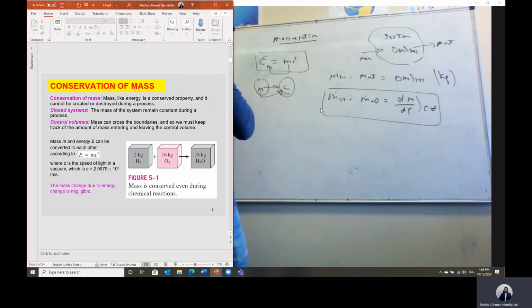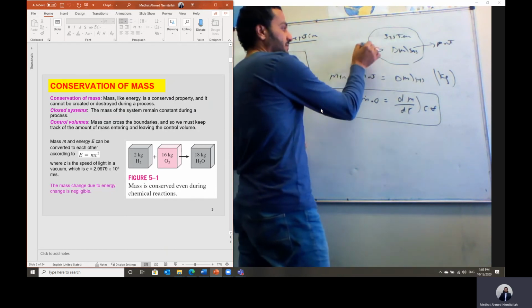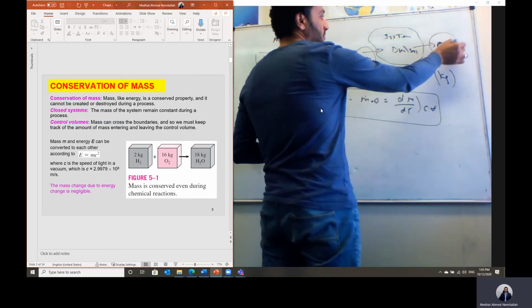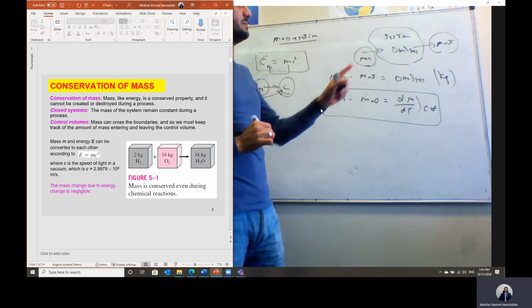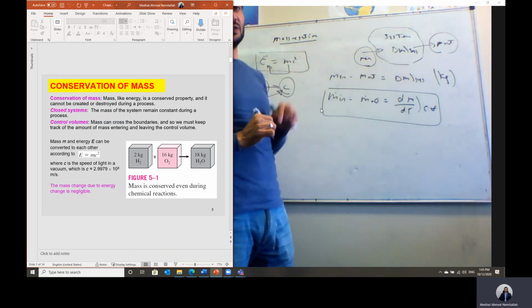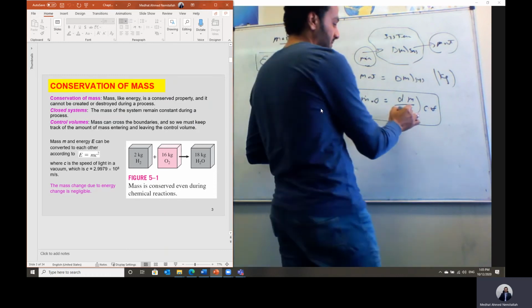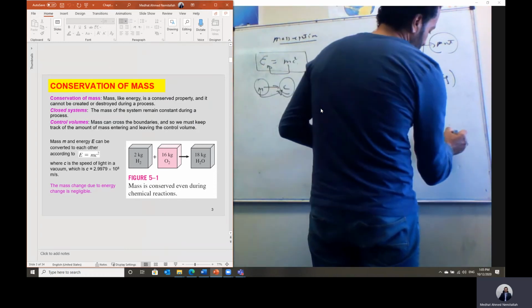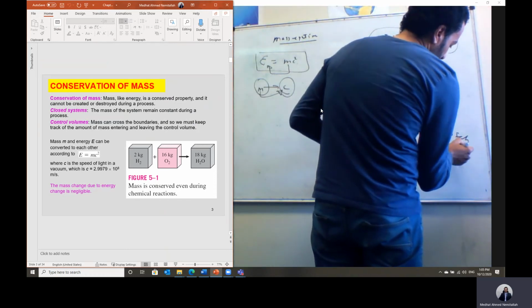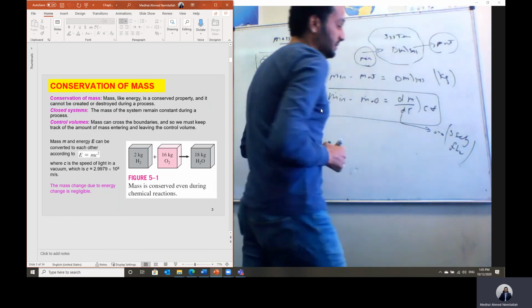Okay. So in case of a steady flow, the mass flow rate in should equal the mass flow rate out, and we don't have a change of mass within the system. By definition of steady flow, d by dt should equal 0. This term is 0 when we have a steady flow.